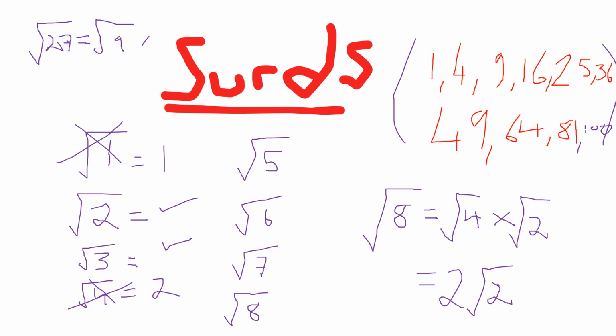I'm picking these numbers deliberately because you are doing the square root of a square number times another surd. So root 9 is 3, so I'm going to have 3 lots of root 3, which is 3 root 3. So that's how we simplify surds.